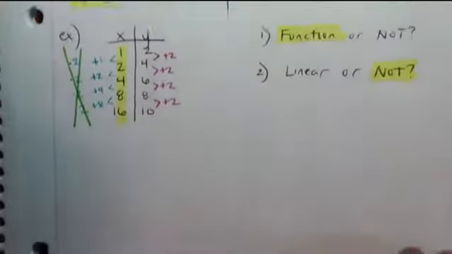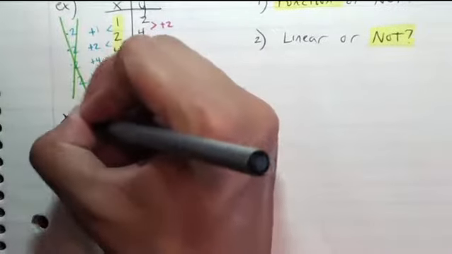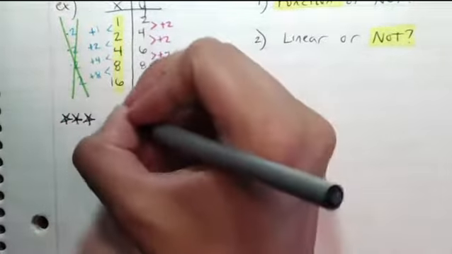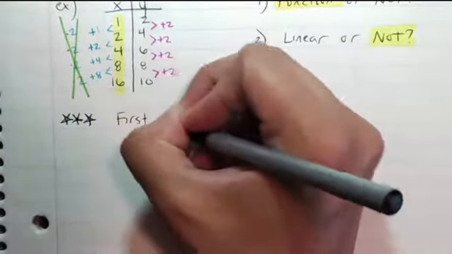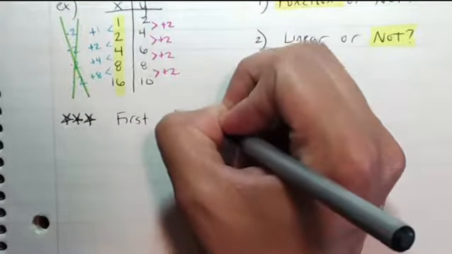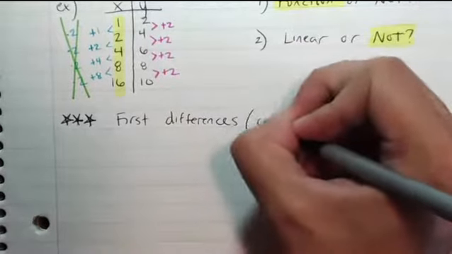Okay, so the last thing I want you to put in your notes, and you can put a triple star for this one, when it comes to the table, these are called our first differences, which are the carets that we drew.